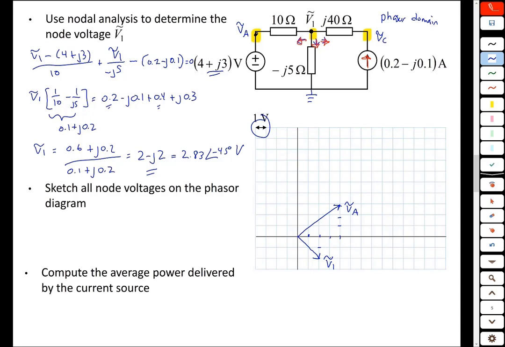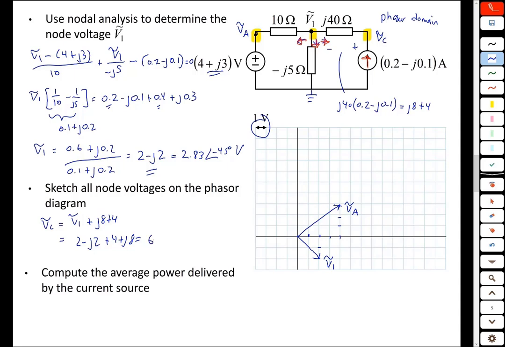Finally, what about VC? Well, we see that there's going to be a voltage drop across this j40 ohm impedance, and that voltage drop is what? It's going to be j40 times (0.2 minus j0.1), which equals j8 plus 4. So we can see that VC phasor is going to be V1 phasor plus j8 plus 4. V1 phasor was 2 minus j2, plus 4 plus j8.